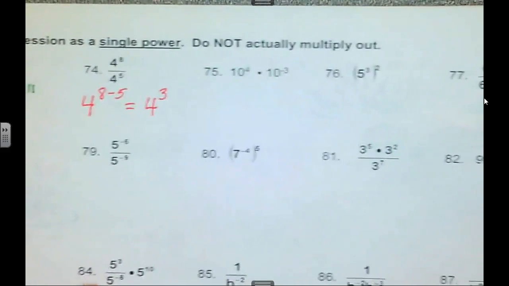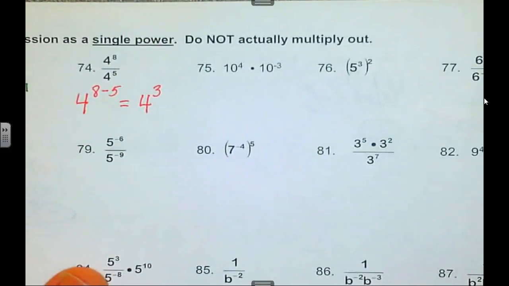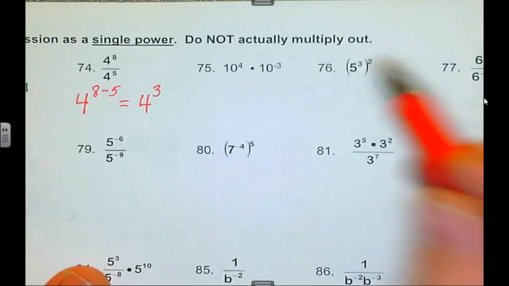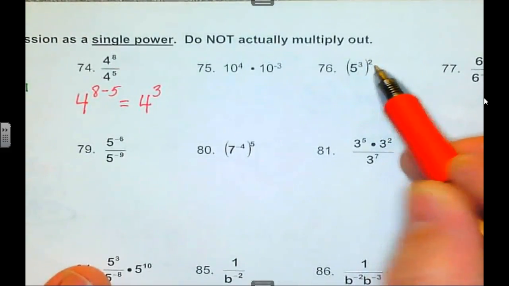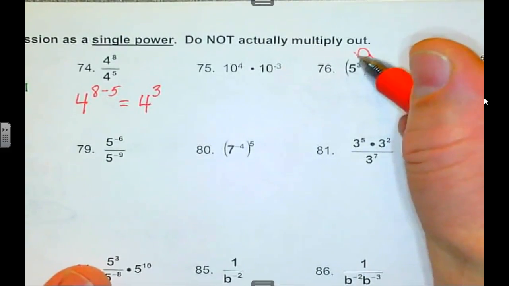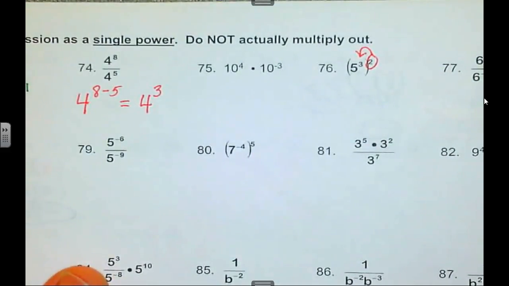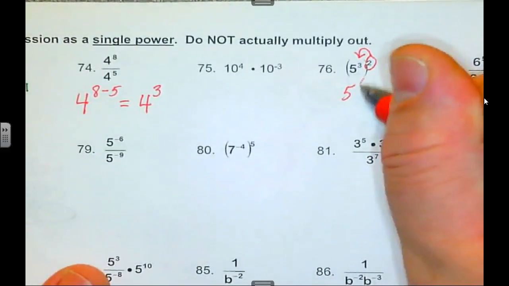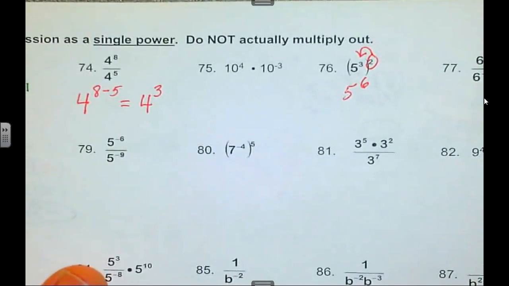Oh, here's a power to a power. 76. I have 5 cubed raised to the 2, so what am I going to do? Multiply, because it's outside the parentheses, right? 5 to the 6th.